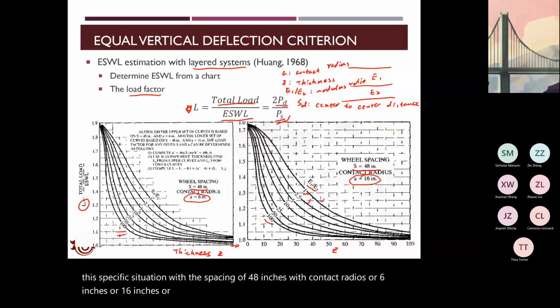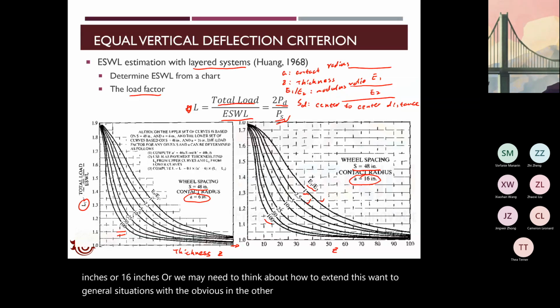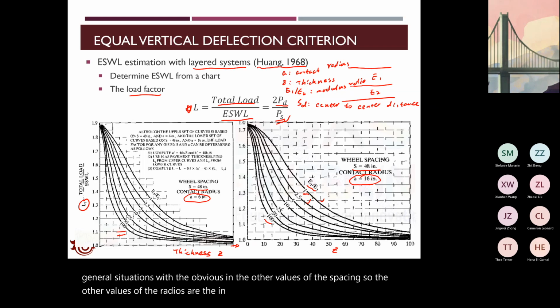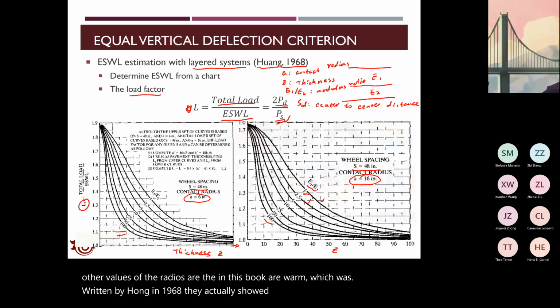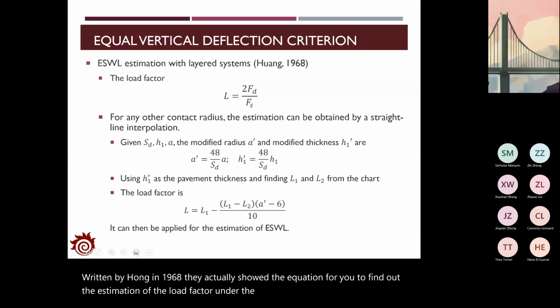We may need to think about how to extend this to general situations with other values of the spacings and the radius. In this book, written by Huang in 1968, they showed the equation to estimate the load factor under the general situation.